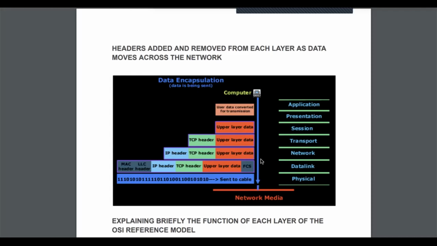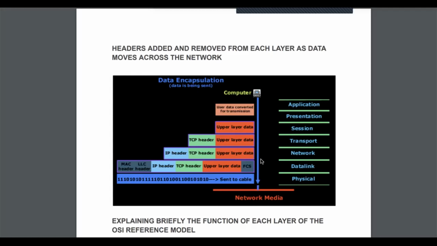So there's an addition of this header, moves to the 6th layer, to the 5th layer, to the 4th layer, to the 3rd layer, to the 2nd layer, and to the 1st layer. At each layer, there's an addition of a header. But mostly, when it comes to the 2nd layer, there is not just an addition of a header, but in this 2nd layer, there is also an addition of a trailer.